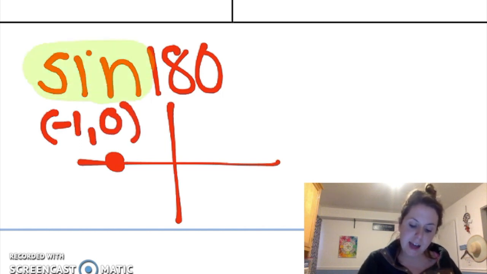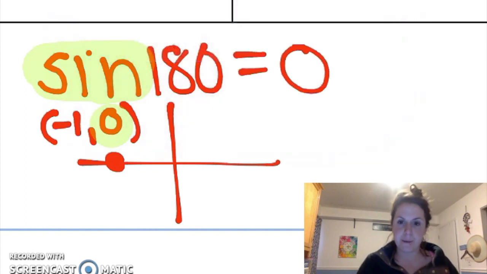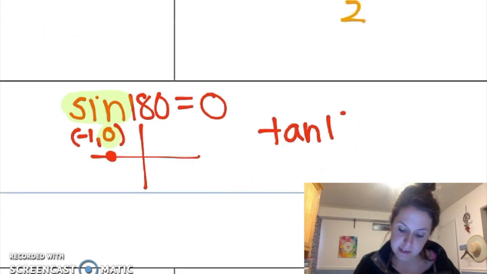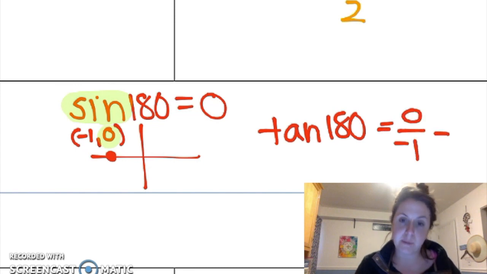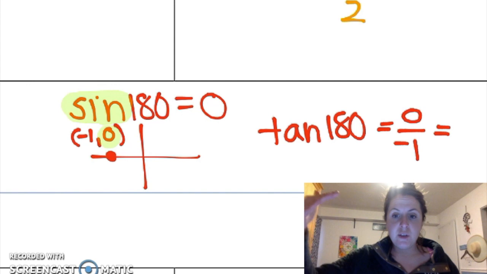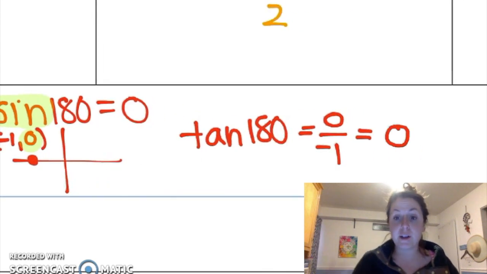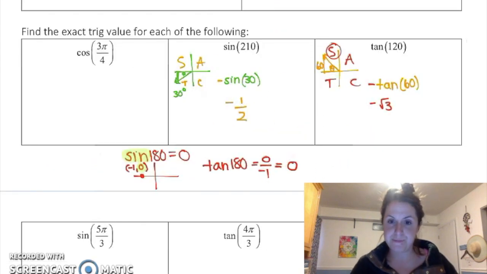And remember that sine is your y value, right? So the y value there is 0, which means sine of 180 is 0. Now I asked you for tan 180. Remember that tan is y over x. So I'm just taking that same coordinate point, doing y over x or sine over cos, and that's 0. If you're unsure whether it's 0 or undefined, put it into your calculator.